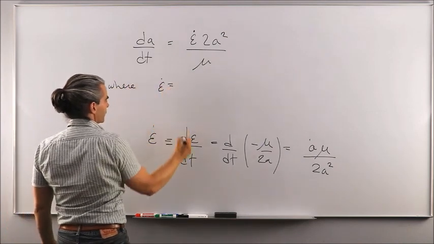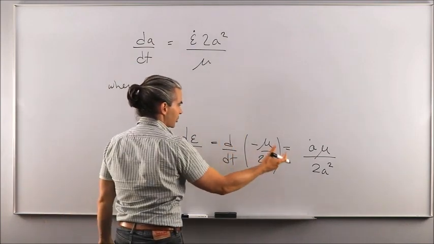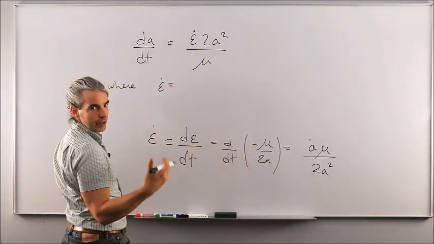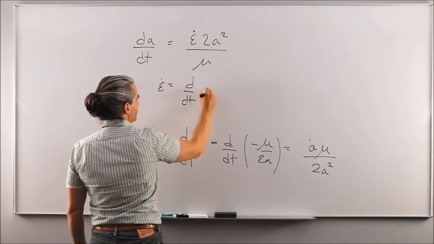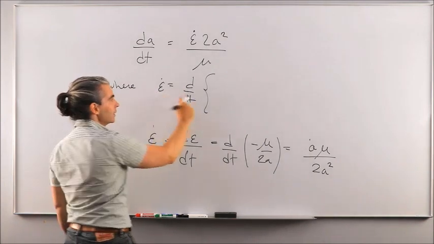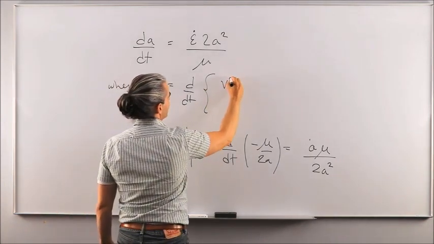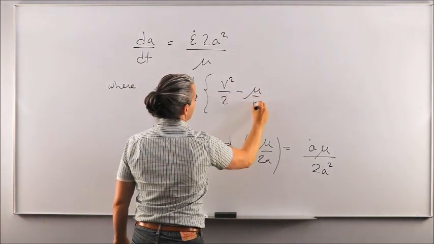Well, E dot, time derivative of energy, yet we're not going to calculate it using the same expression. That would just be leading us nowhere. So instead we're going to do the time derivative of the other expression we have for the specific orbital energy, which is specific kinetic energy minus mu over r.